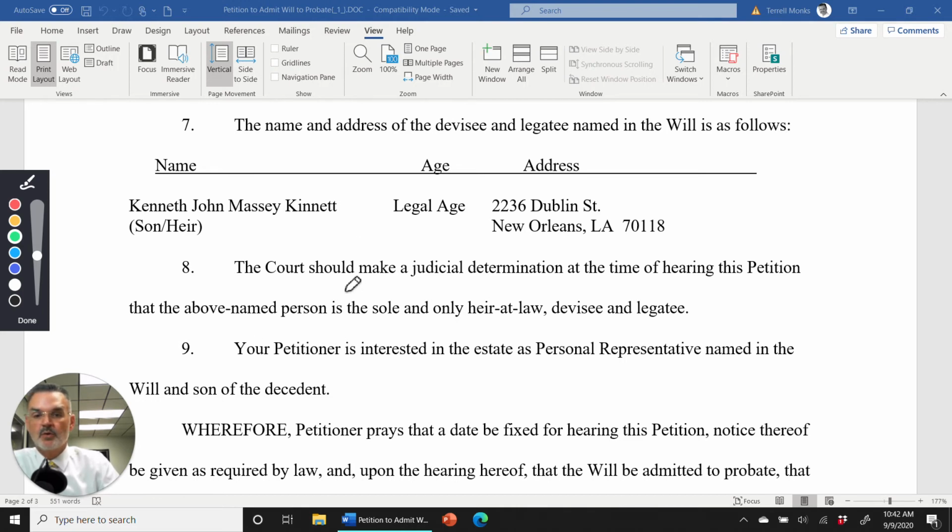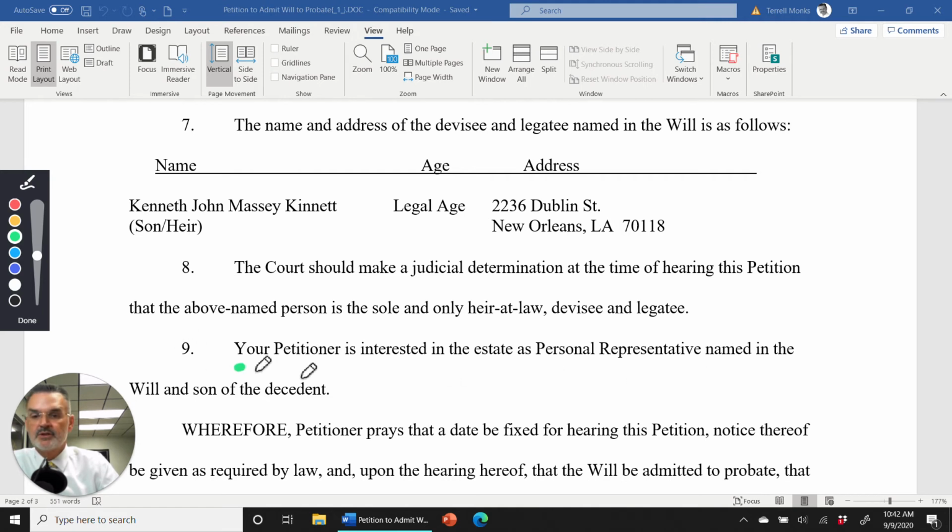We're asking the court to make a judicial determination that this is the only heir, devisee, and legatee, because we will need that determination if we decide that land must be sold during the pendency of the probate. I would tell you that it's fairly common that we need to sell houses and land during the probate so that we can reduce out-of-pocket expenses and have some certainty when it comes time to distribute the estate.